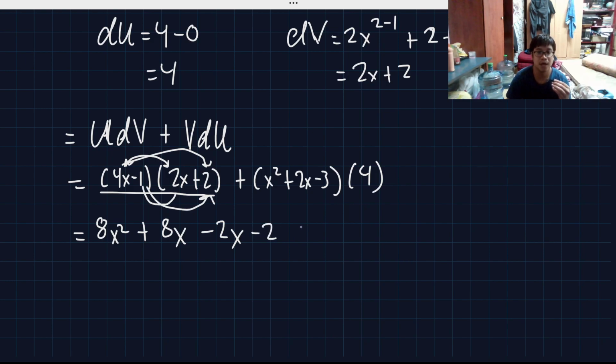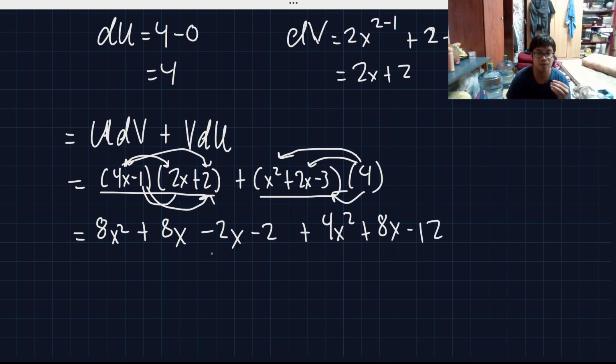Next, we will do the same thing to the right term. Here, we will just distribute the constant 4 to each of the terms. 4 times x squared, we will have 4x squared. 4 times 2x, we will have 8x. And 4 times negative 3 is negative 12.